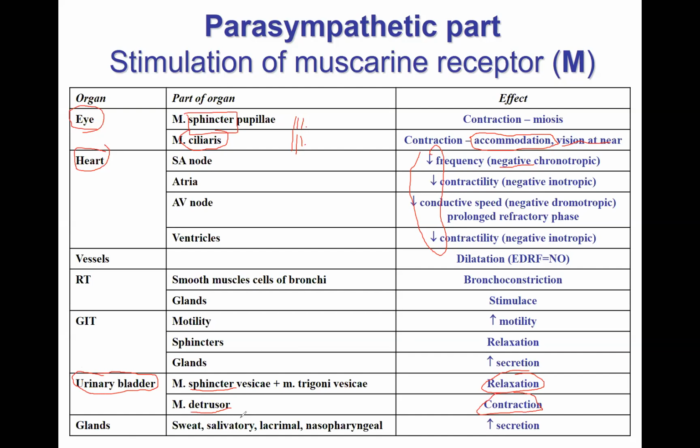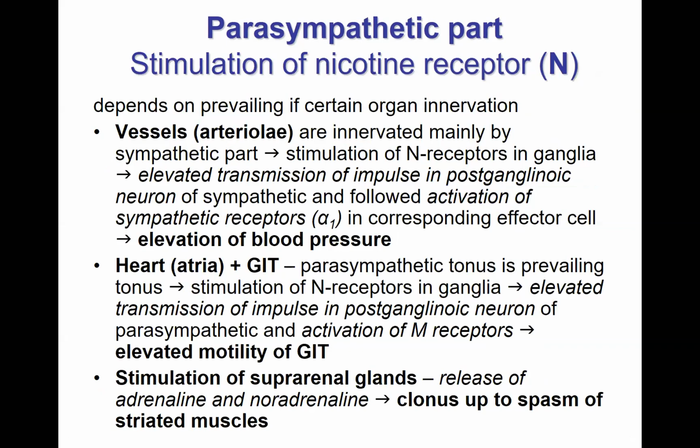If you block the parasympathetic system here, this does not work and you have a retention of urine. All this makes nicely sense, because physiology makes sense all the time. So this is quite easy to learn, but we have to go back to anatomy to understand the pathways, which are not so easy.